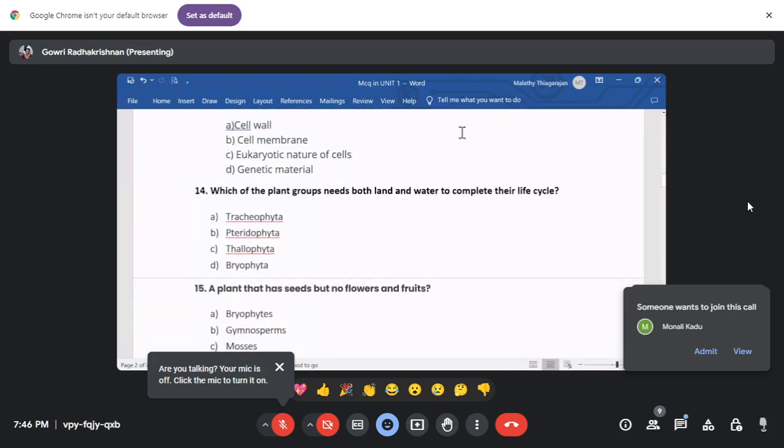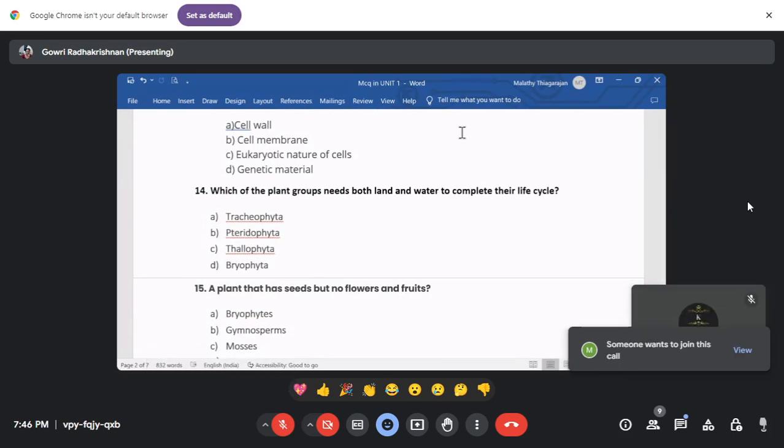All right. Which of the plant groups need both land and water to complete their life cycle? Bryophytes, ma'am. Yes.